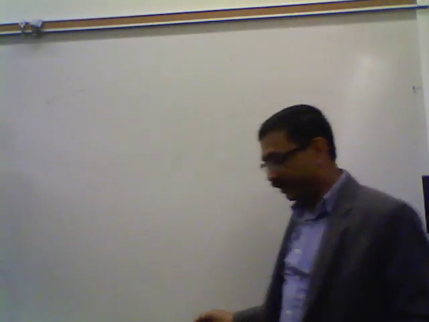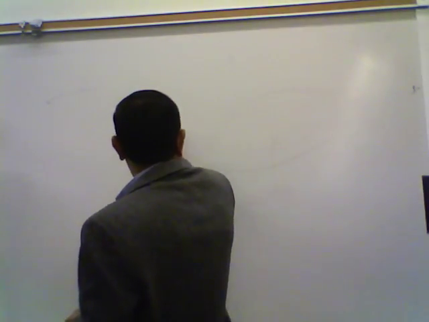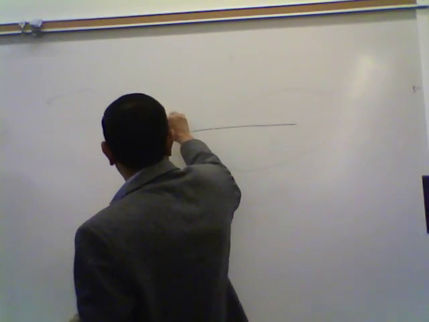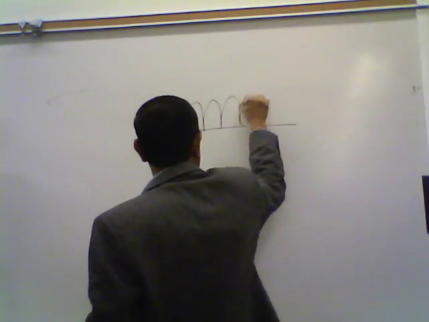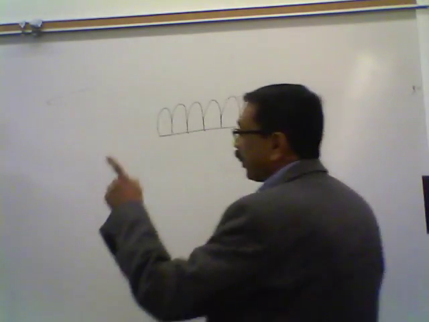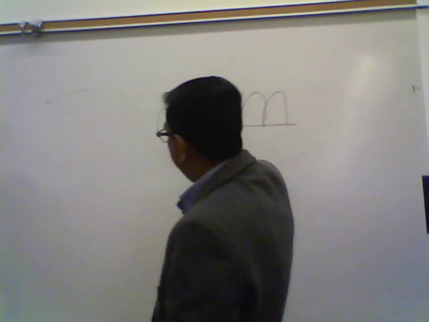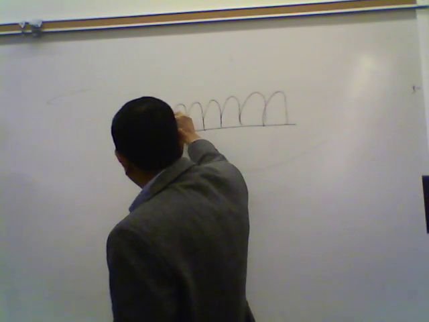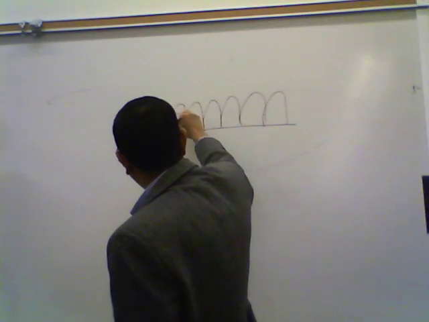So what is the difference between those three? In merocrine, what happens? This is the gland, and inside the gland you have the cells. So these are the cells inside the gland. And in merocrine type secretion, what happens? First, inside the cell, the vesicles are formed.